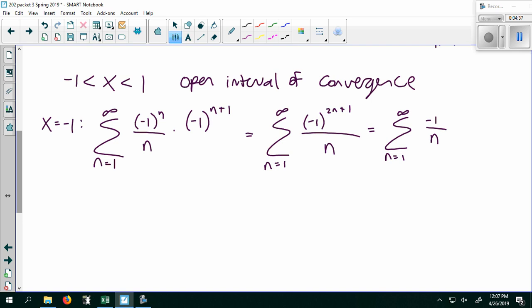Always -1, so this would be like -1 minus a half minus a third minus ... And that is the harmonic series. That's a p series. Could factor out a -1, and this would be 1 plus a half plus a third plus a fourth. And that is a p series where p equals 1, so this diverges.